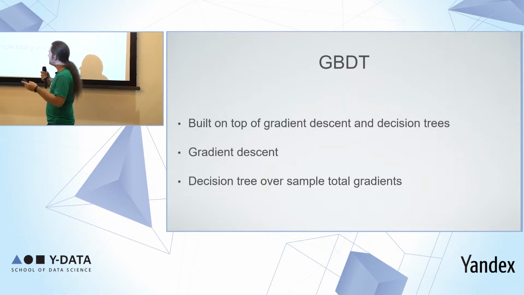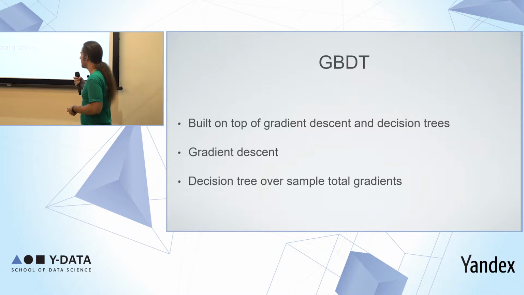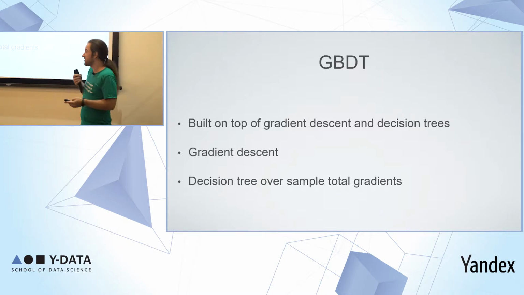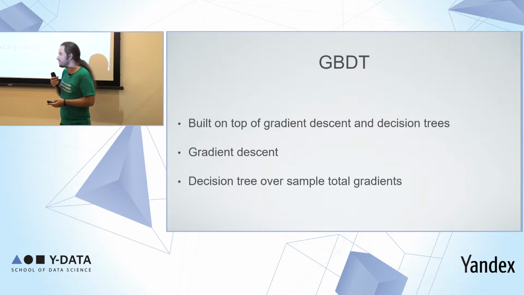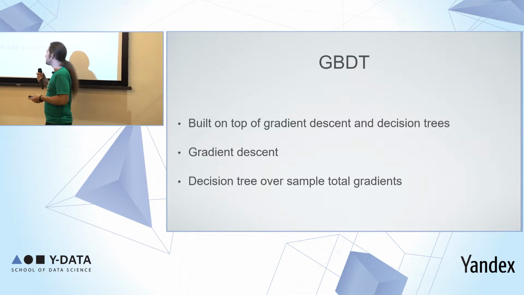Gradient descent is trying to update our model weights by using the gradient of some loss.